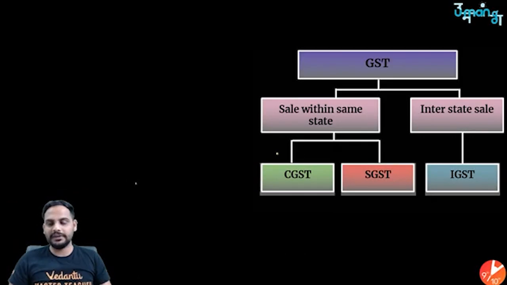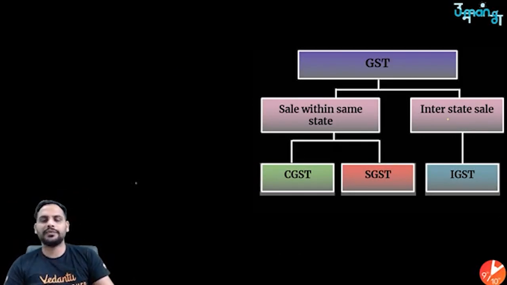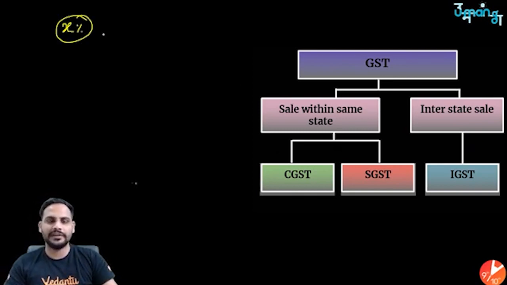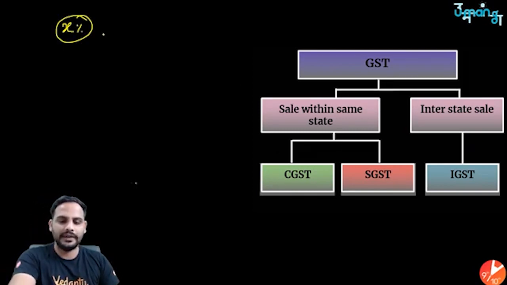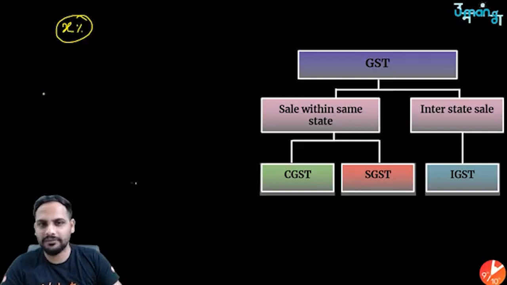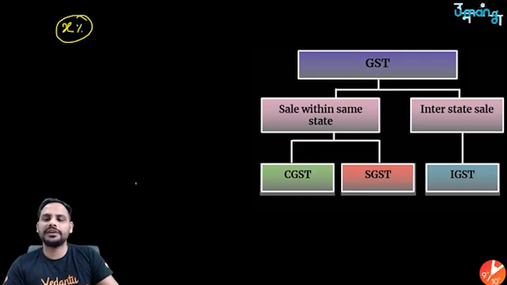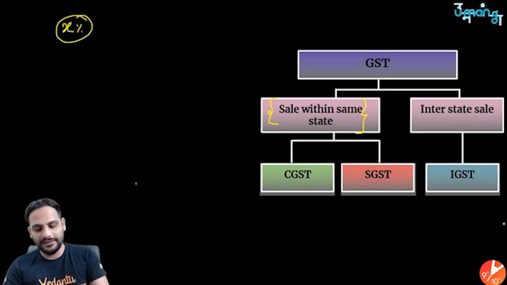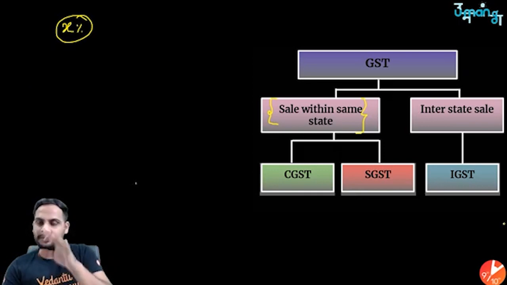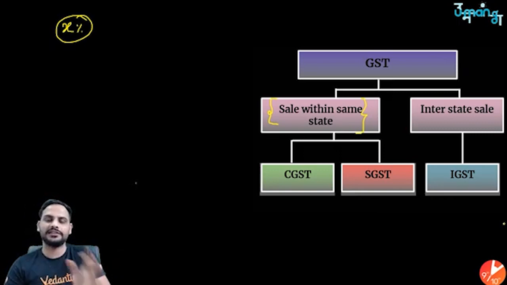The main thing required here is that, suppose X percentage GST is applicable. If I am doing business within the same state, suppose right now I am in Bangalore, doing business inside Karnataka only, then whatever tax I pay will be divided into two equal parts.